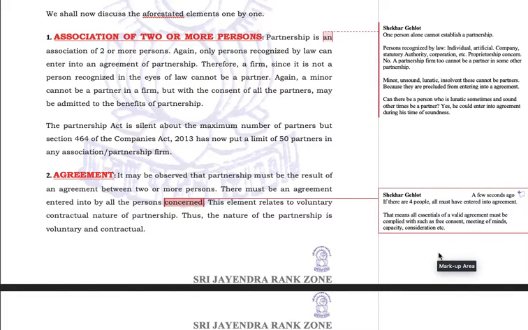What are these essentials? Free consent, meeting of minds, capacity, consideration, and proposal and acceptance have to be there.